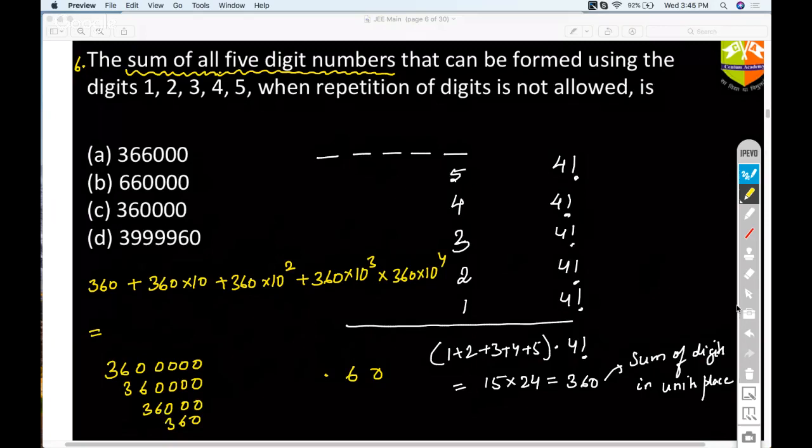So there will be a 3600 over here. And 360. So the sum is 3999960. That's going to be option number D in this case. So yes, option D is correct. And the first one to get this correct was Saundarya. Well done.